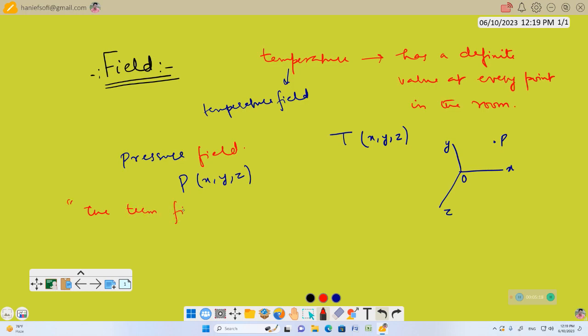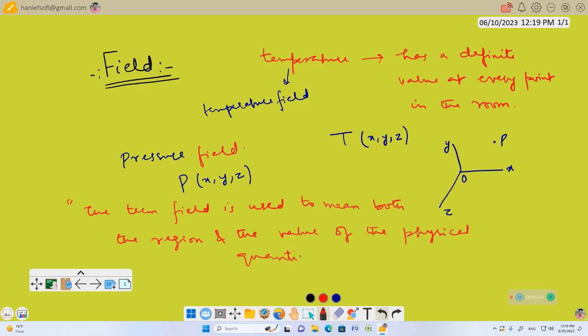The term field is used to mean both the region and the value of the physical quantity in the region, right?